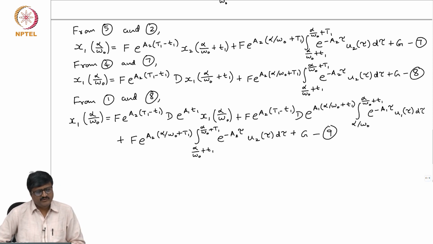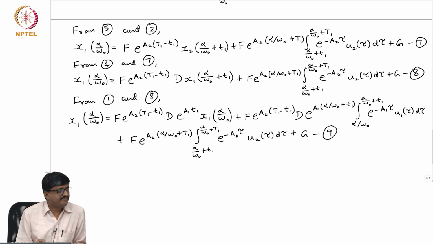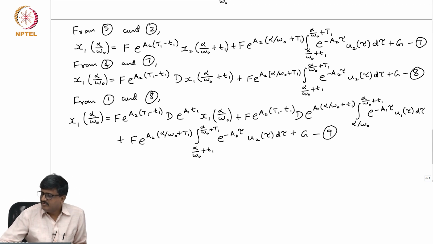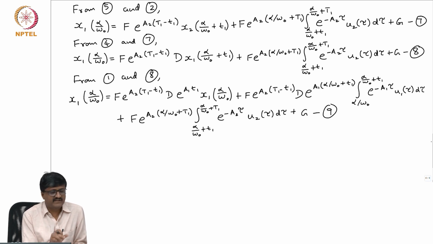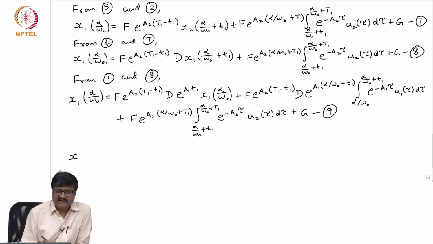Now, in equation 9 you see that there is x1 at alpha by omega O on the left hand side and there is also x1 at alpha by omega O in the first term on the right hand side. So, I will just get an expression for x1 of alpha by omega O. Bring the first term on the right hand side of equation 9 to the left hand side, and then I get a factor.